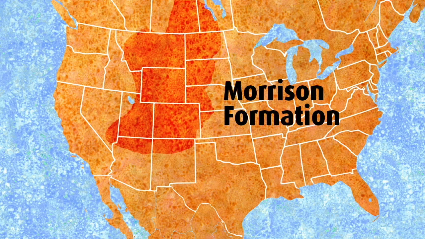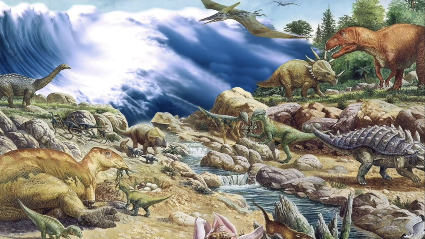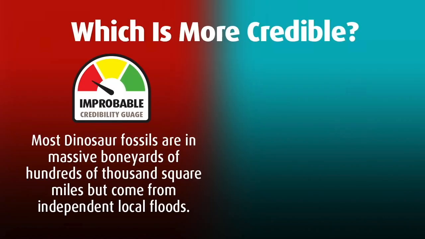If you look at the map and see how big this Morrison Formation is, it is just massive. It's way too big for any cataclysm like a local flood, anything short of a global flood with continent-sized tsunamis. The massive dinosaur boneyards located all over the world are better answered by the catastrophic plate tectonics model for Noah's flood and the resultant mega tsunamis that swept over the whole Earth, which is more credible.